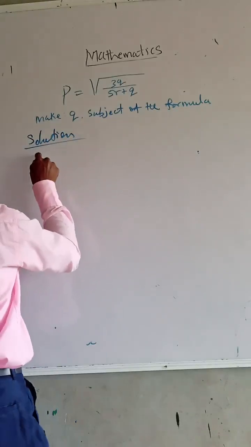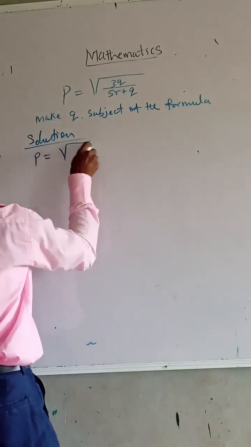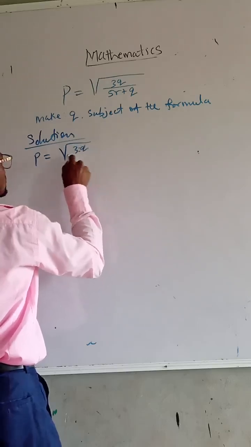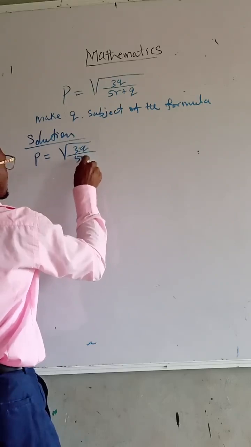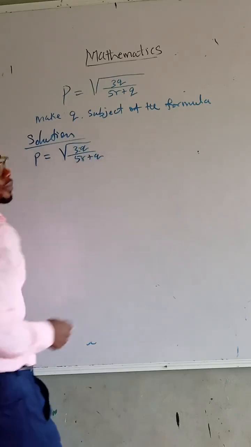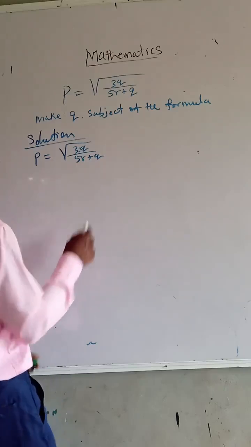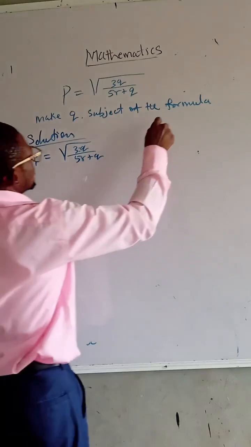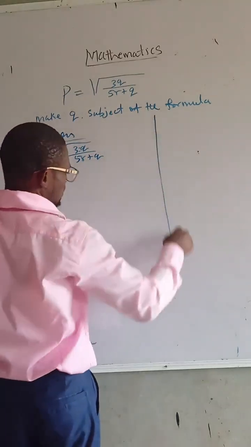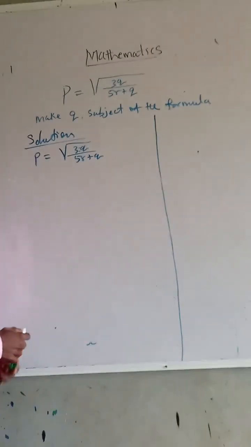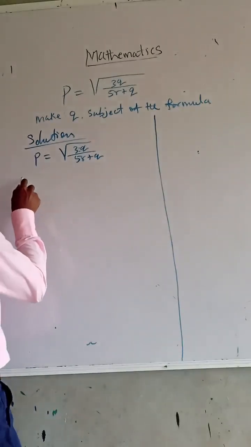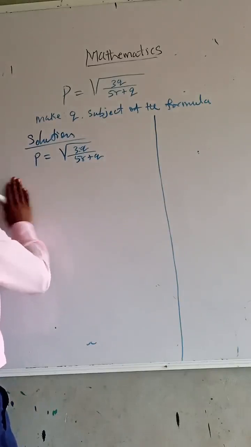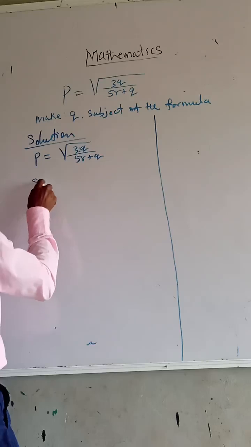So we have p equals the square root of 3q over 5r plus q. Okay. Now, let me divide my board. Now take the square root of both sides. No, square both sides.